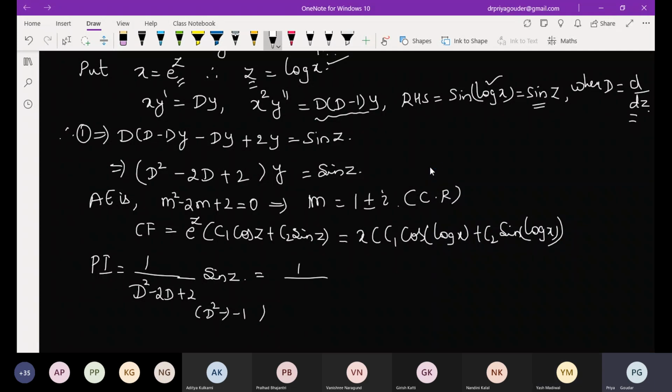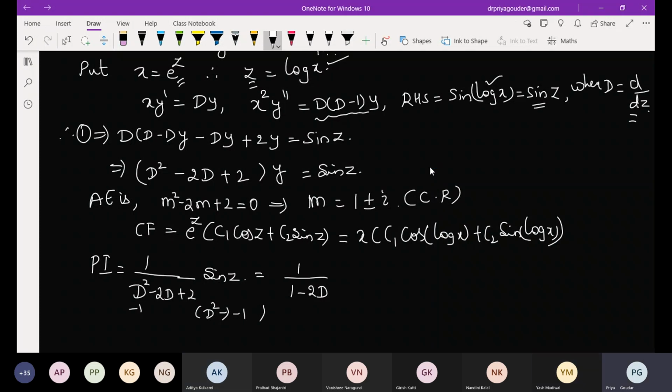What will we get? 1 upon D square, just see, one step I'll go direct. This D square is minus 1. What is minus 1 plus 2? It is 1. So 1 minus 2D. Now do you remember in the second case when you have such a linear factor, what you used to do? Rationalize.